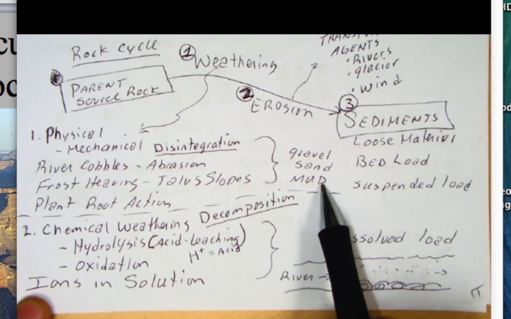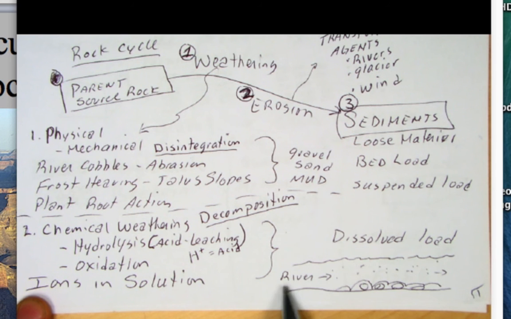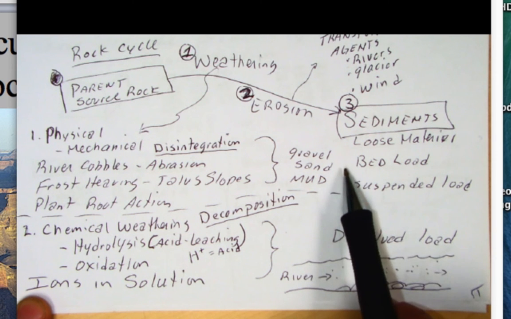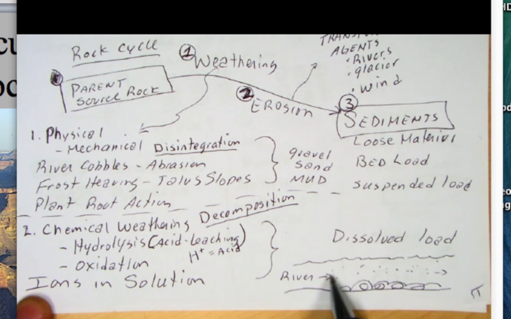Those are different sizes of sedimentary particles, and they're usually moving down a river. If we see a river moving along this way, going downstream, you'll find material that bounces or rolls or slides on the bed of the river, and we call that bed load. It's usually sand and gravel, whereas a suspended load would be the mud, floating along.